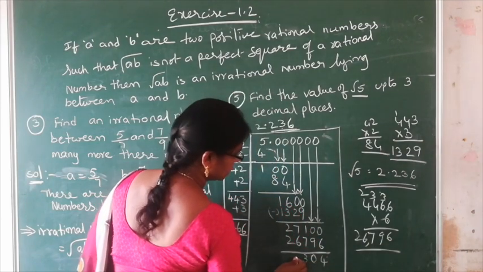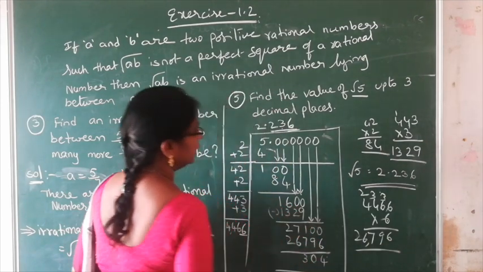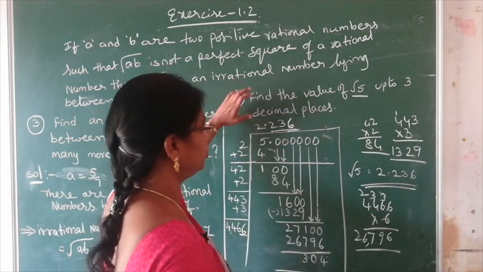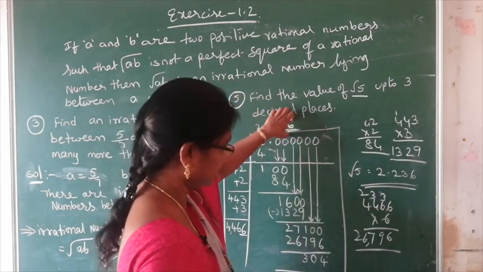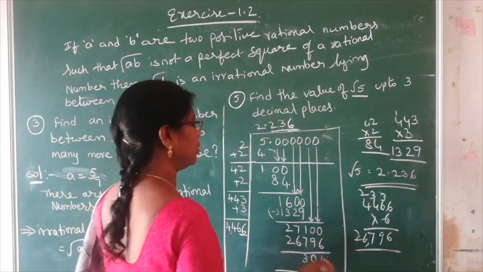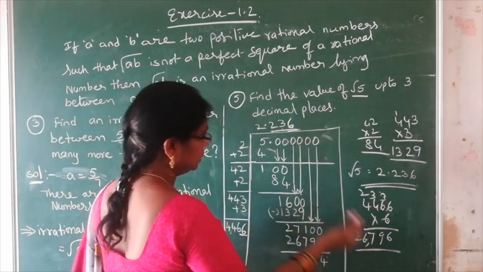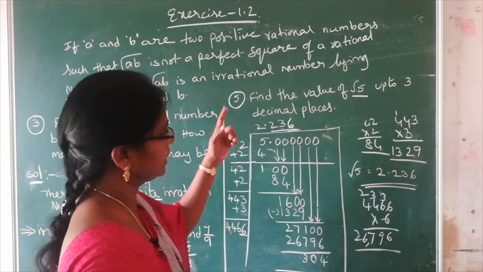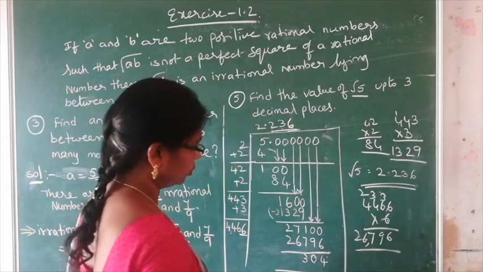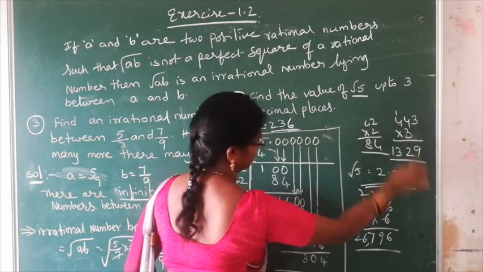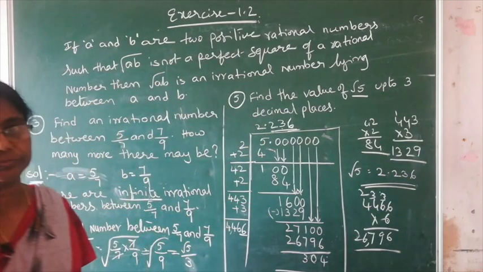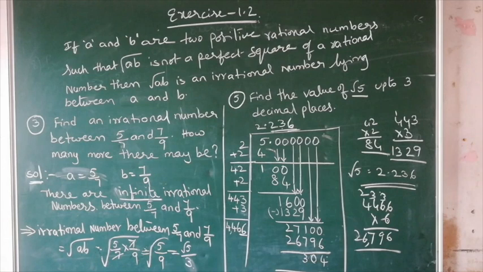The remainder is 304. Here we need up to 3 places, so we took only 3 places after the point. If you want, you can do 2-3 more places, but he asked only 3 places. Therefore, the value of root 5 is 2.236. Okay. Now.